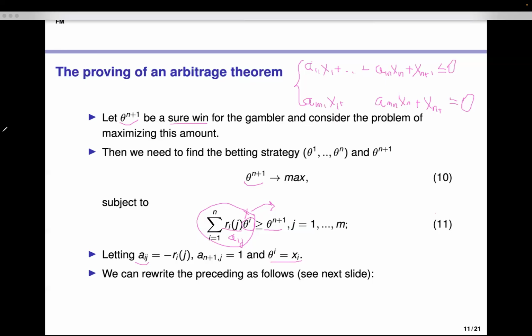How many? M, yes, thank you. So for the dual linear program, we need to input y1, y2, and ym.